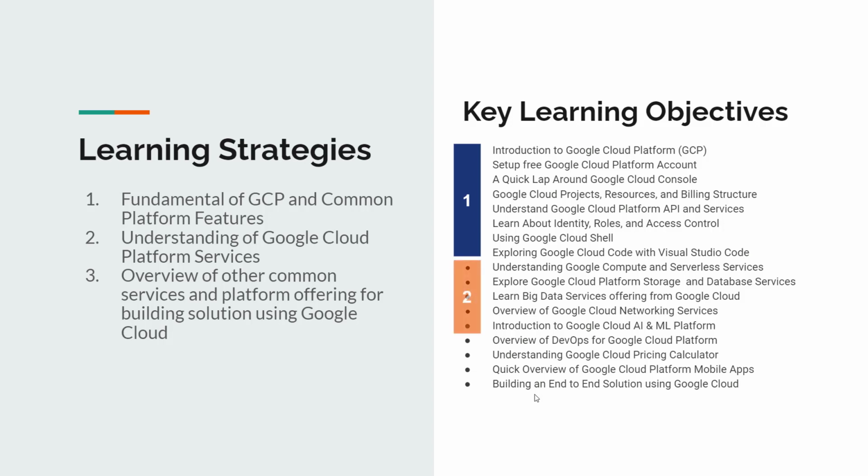The next section is all about different platform services, be it compute, storage, database, your big data service, networking service, and AI/ML service. So these are the platform service offerings from Google's cloud computing.